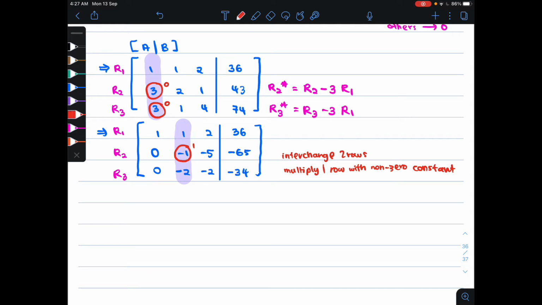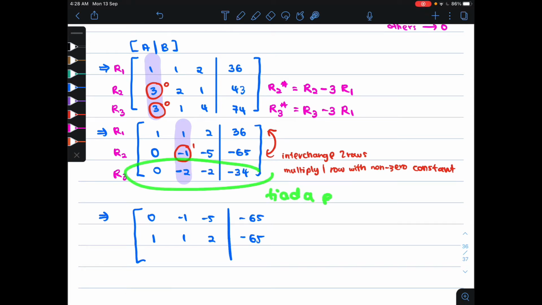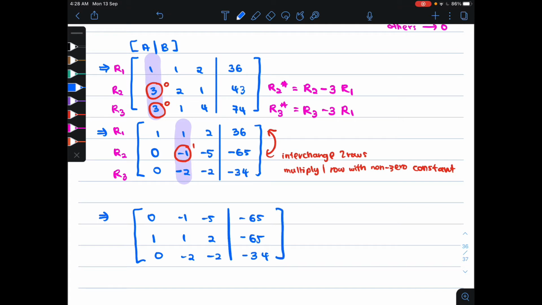So, what will happen if you try to interchange row 1 with row 2? And kita akan dapat macam ni. So what happened is that this method is wrong.